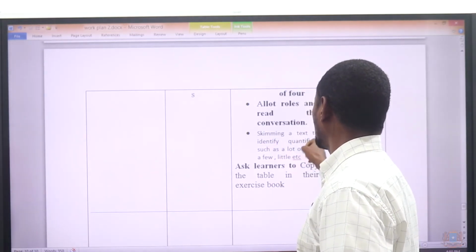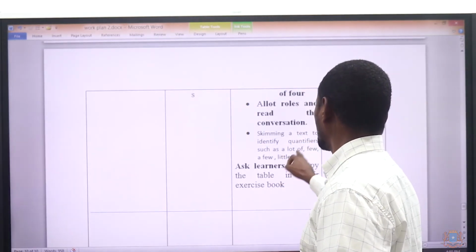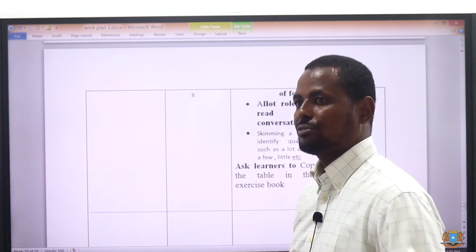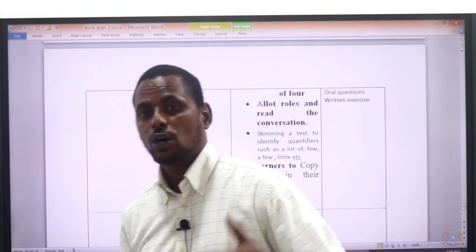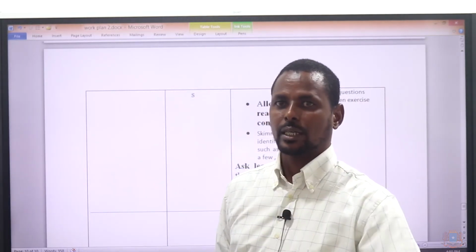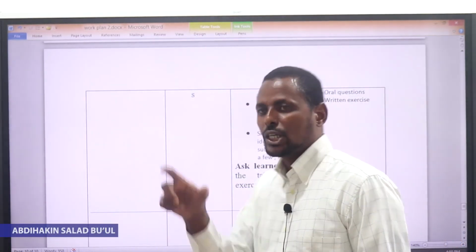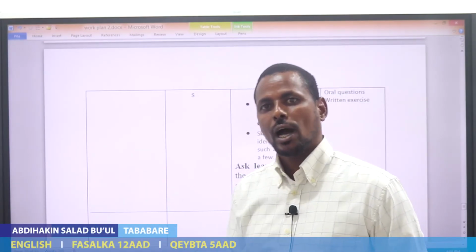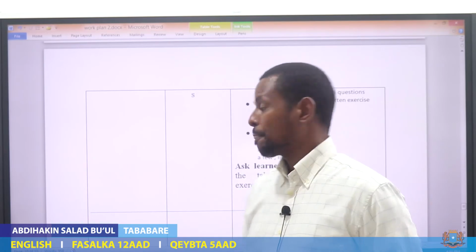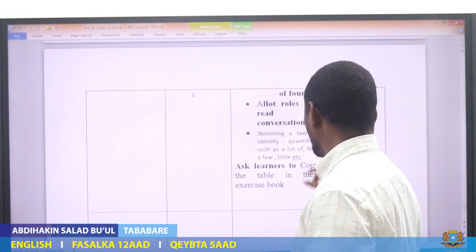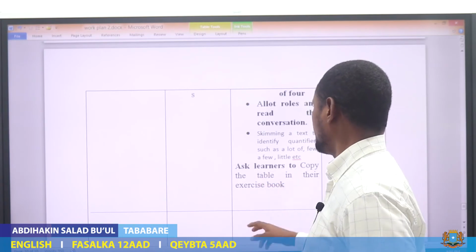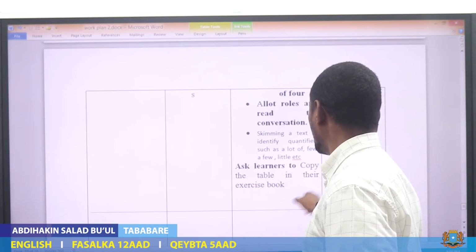Skimming a text to identify quantifiers such as a lot of, few, a few, little, etc. As we have said, this is another technique of reading, skimming and scanning. Let them skim and scan to identify quantifiers such as a lot of, few, a little, etc. Number 3, ask learners to copy the table in the exercise book.